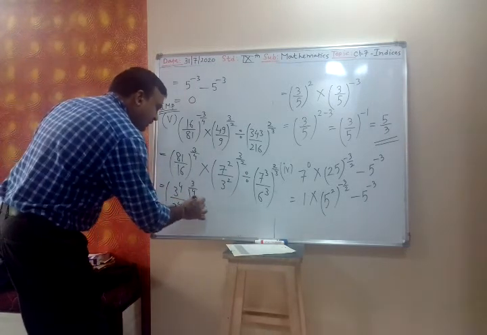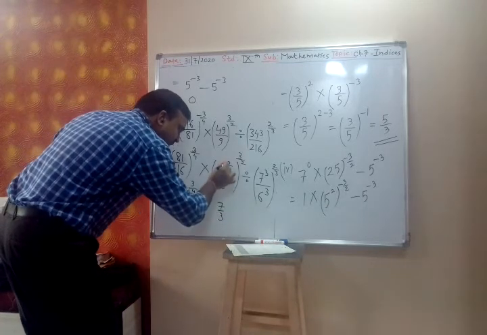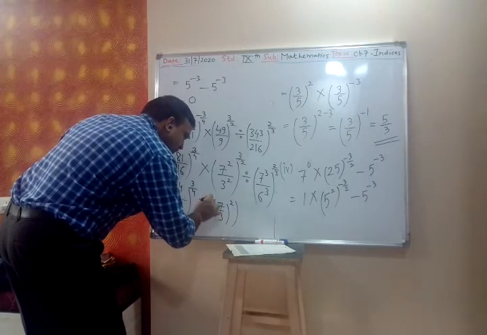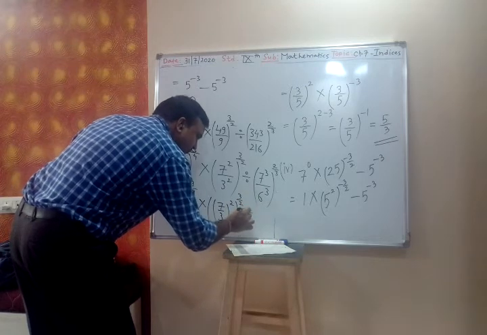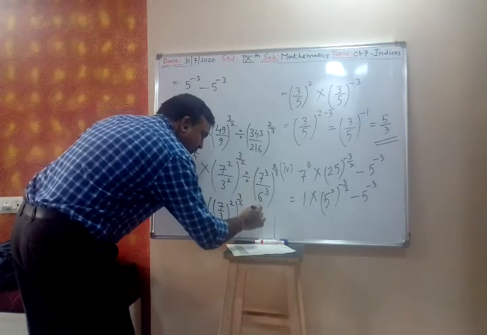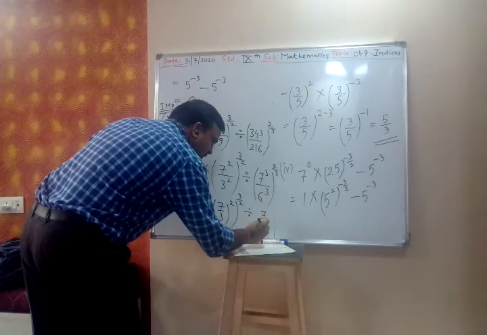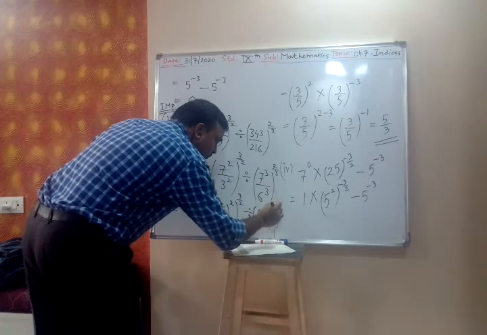Into, now this I can write 7 by 3, power is same 2, 2, so I can take power common, 7 by 3 raised to 2 raised to 3 by 2, divide by, again power is same, 7 by 6 raised to 3 raised to 2 by 3.